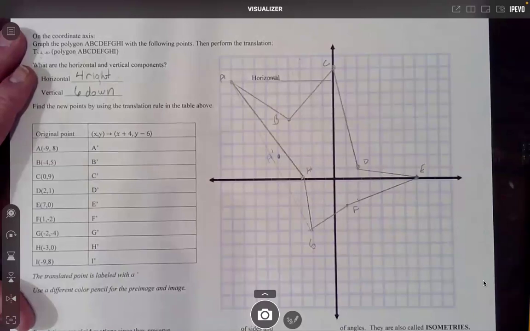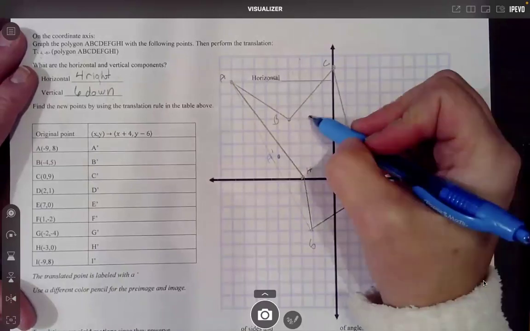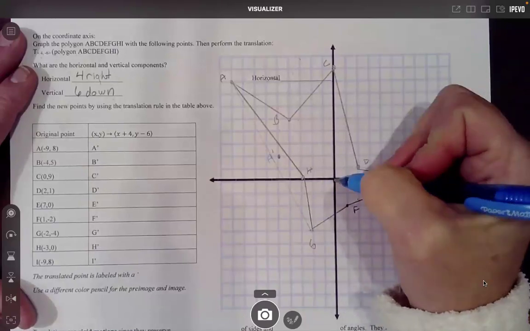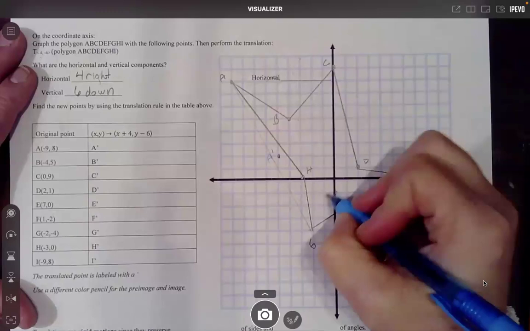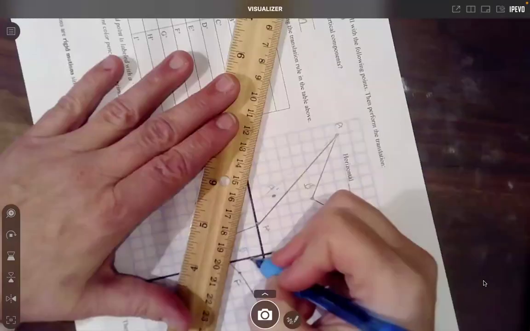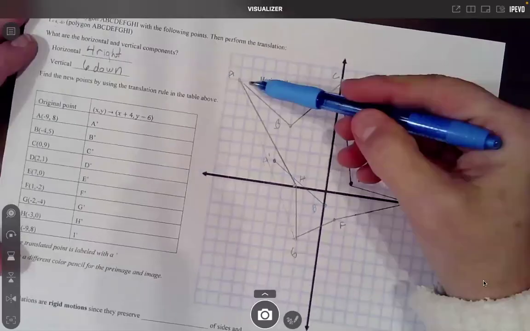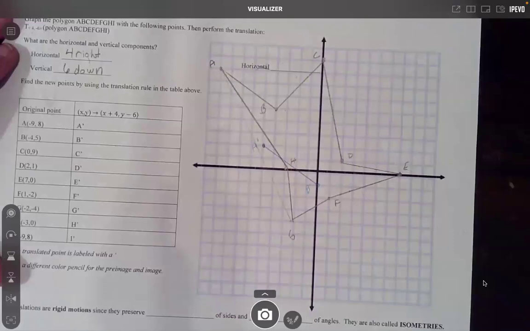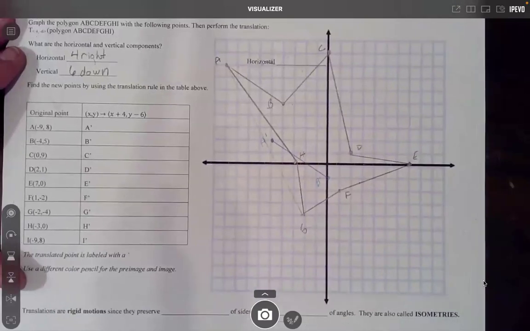And then B, 1, 2, 3, 4. 1, 2, 3, 4, 5, 6 down. There's B prime. And we would connect A prime and B prime. And there is this segment translated to the right 4 and down 6. But there's another way to do this.